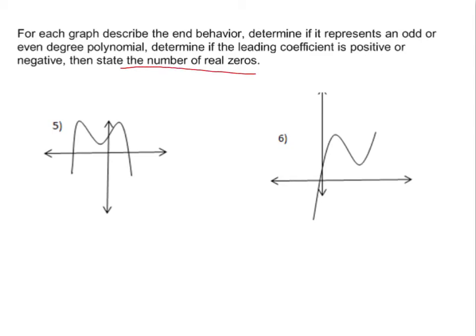So 5 here. First off, notice that these ends are both going the same direction. They're both going down, so it means it's even. Since the right-hand side is going down, it means that we have a negative leading coefficient.